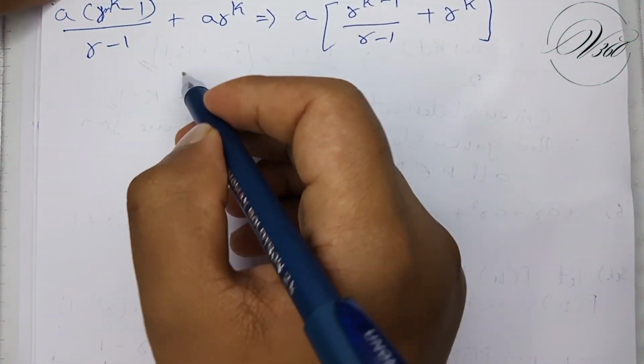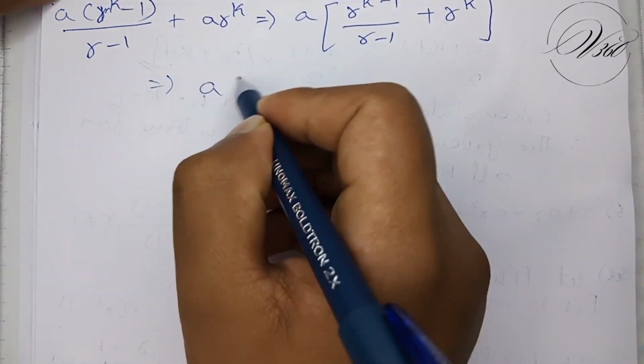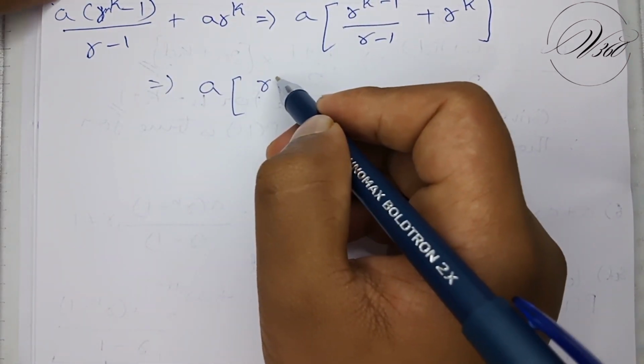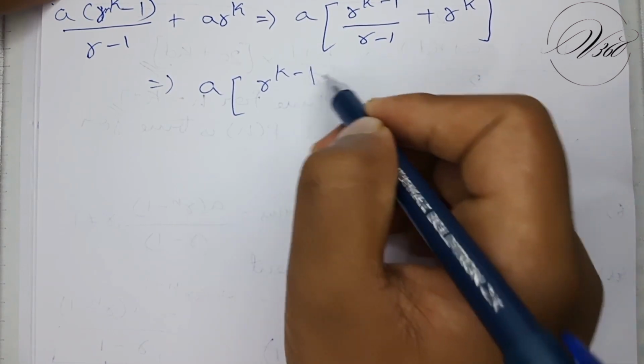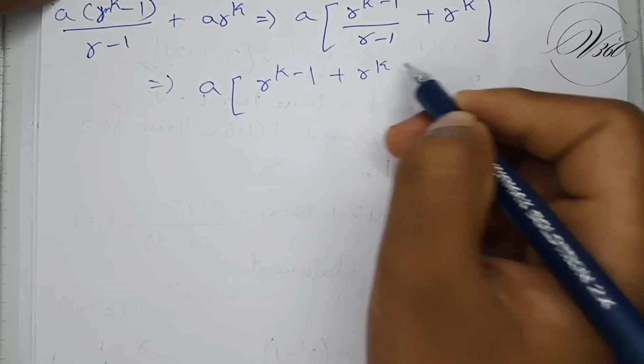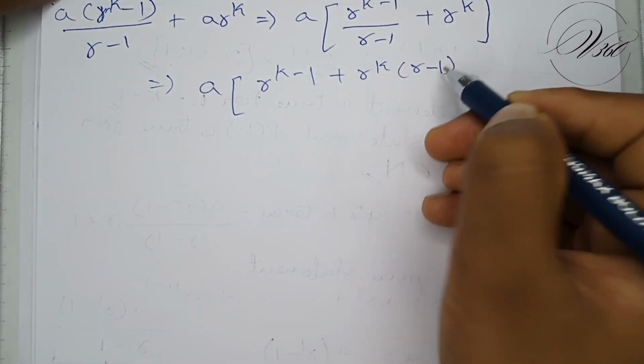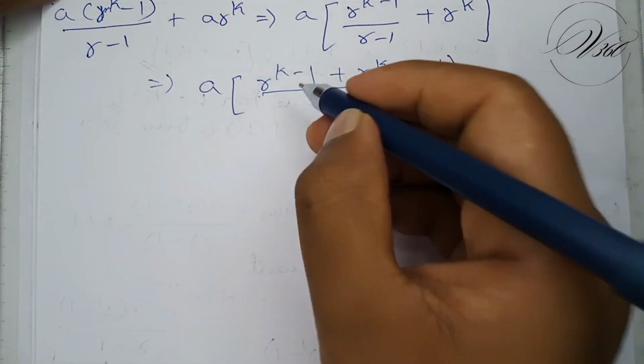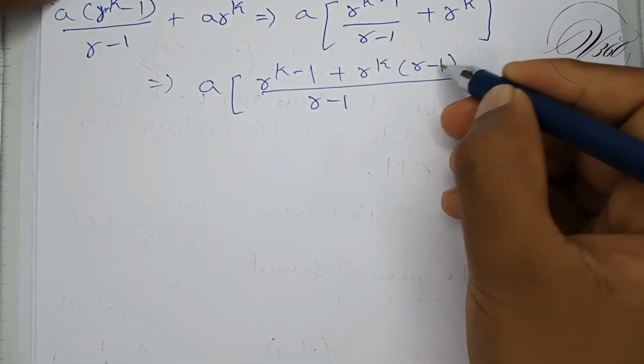Now a of r to the power k minus 1 plus r to the power k of r minus 1 by r minus 1.